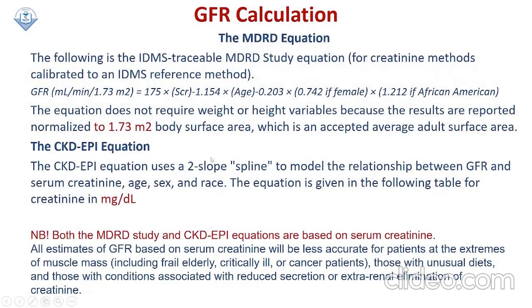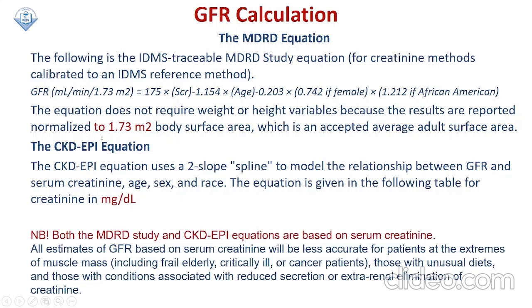The next formula which is really used now is the MDRD formula equation, which, you can see, is based on the parameters age, creatinine level, gender, also specific indexes for different ethnic minorities, and it is calculated to normalized body surface area. It's 1.73 square meters.